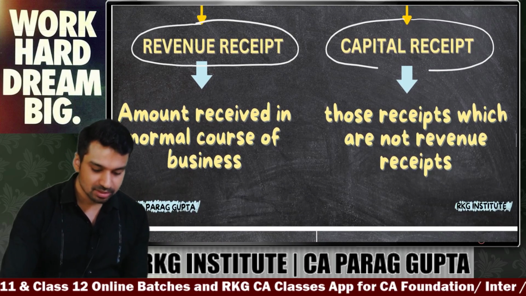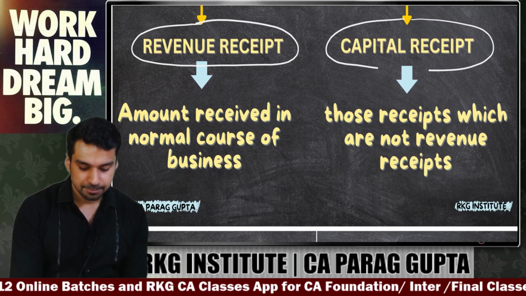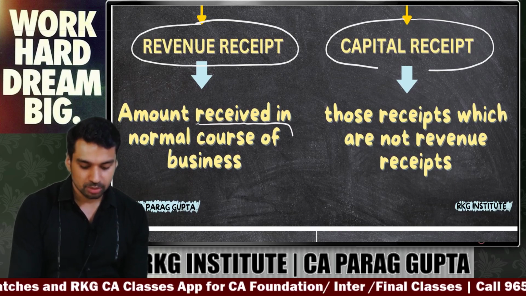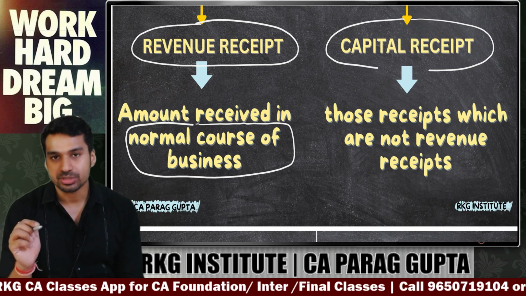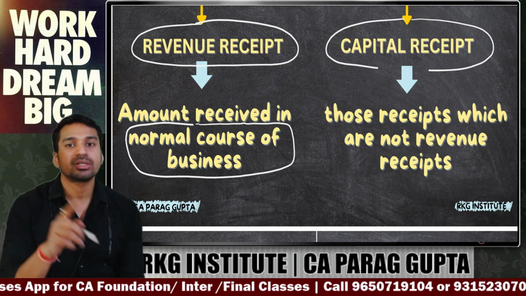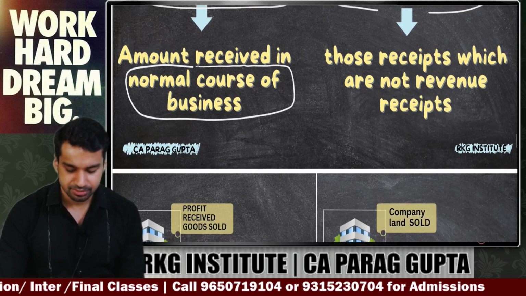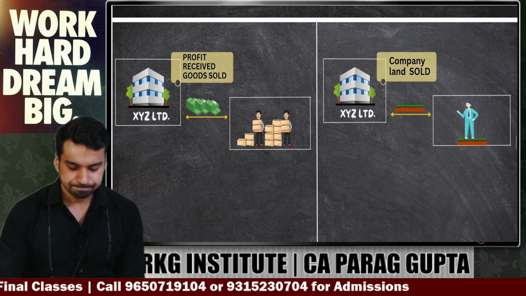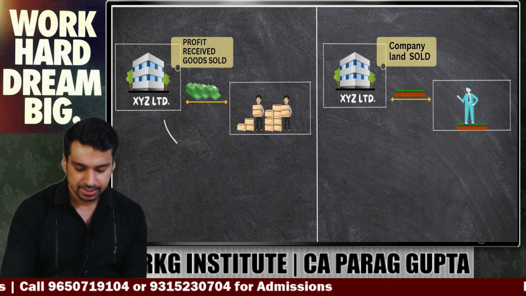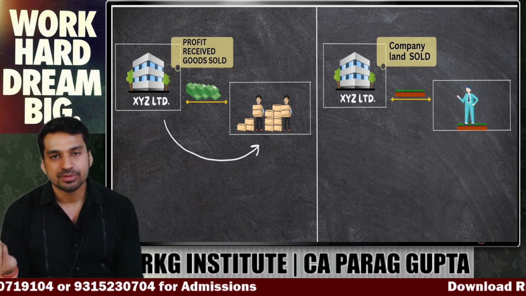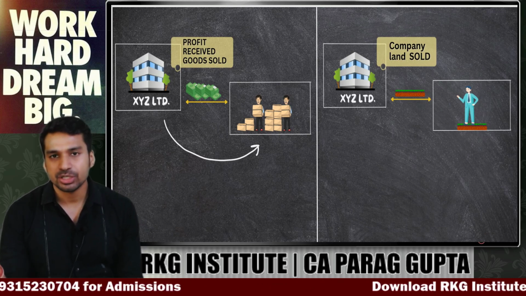So you must remember one keyword here: the amount received in the normal course of business is a revenue receipt, but receipts of an irregular nature are capital receipts. For example, you sell goods, which is your daily work, and you receive money. This is a revenue receipt.